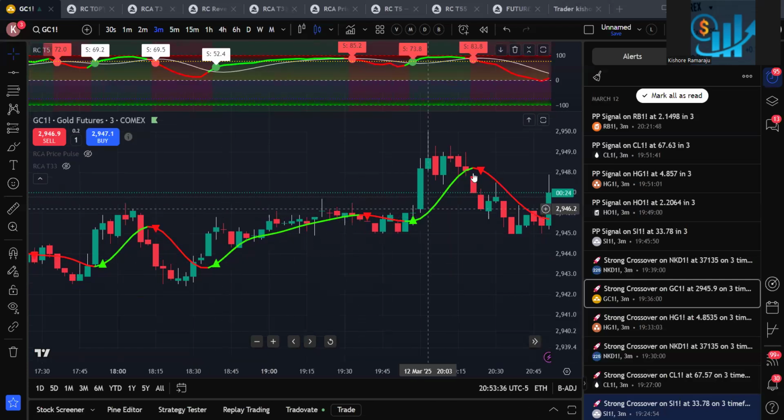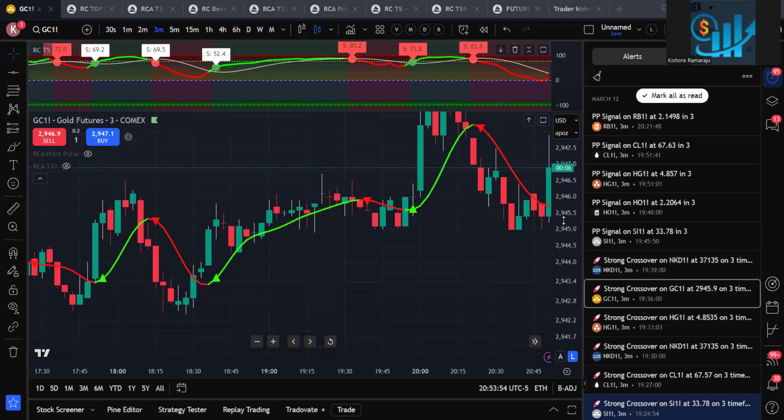So this is the T5 line. T5 has two components. One is at the top, overbought, oversold. What is the score? Here, the green triangle means buy, bullish. Red triangle means bearish. Whenever you get a bullish, then you wait for these opportunities. You can go to 1 minute and you can take.